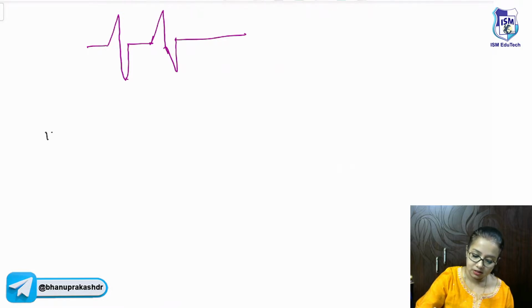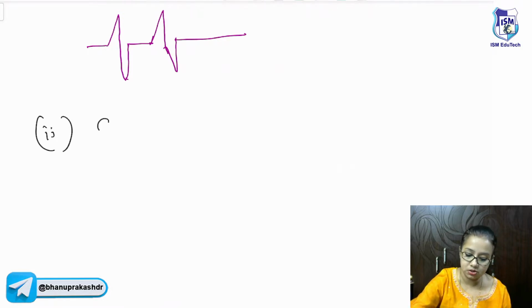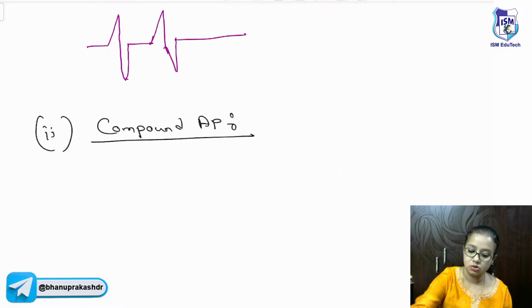Similarly, there can also be a compound action potential. So what is a compound action potential?